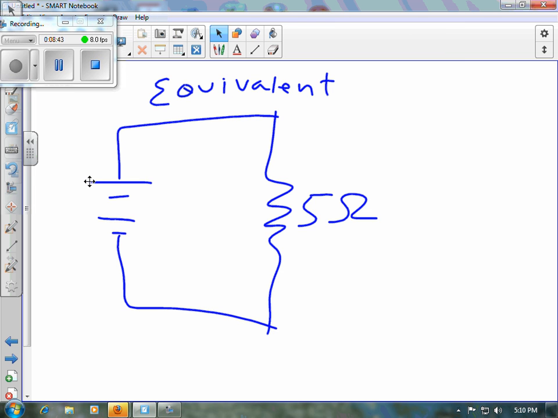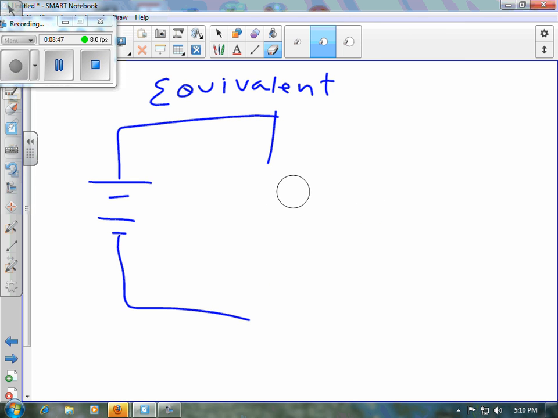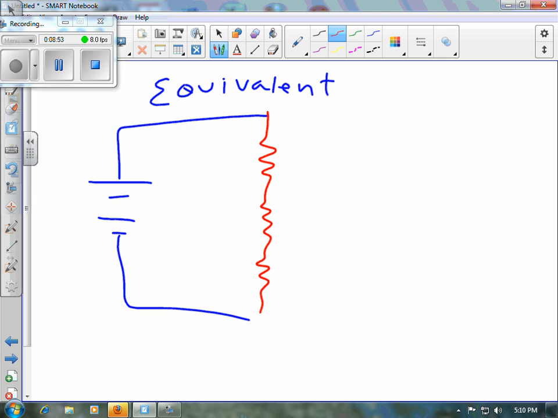Now, let's do a different circuit. This is simpler. Let's look at this one. So there's 3 resistors. We have a 10 ohm, a 1 ohm, and a 5 ohm. This is what's called series. They're all in series. What do you think the equivalent resistance of that is going to be?